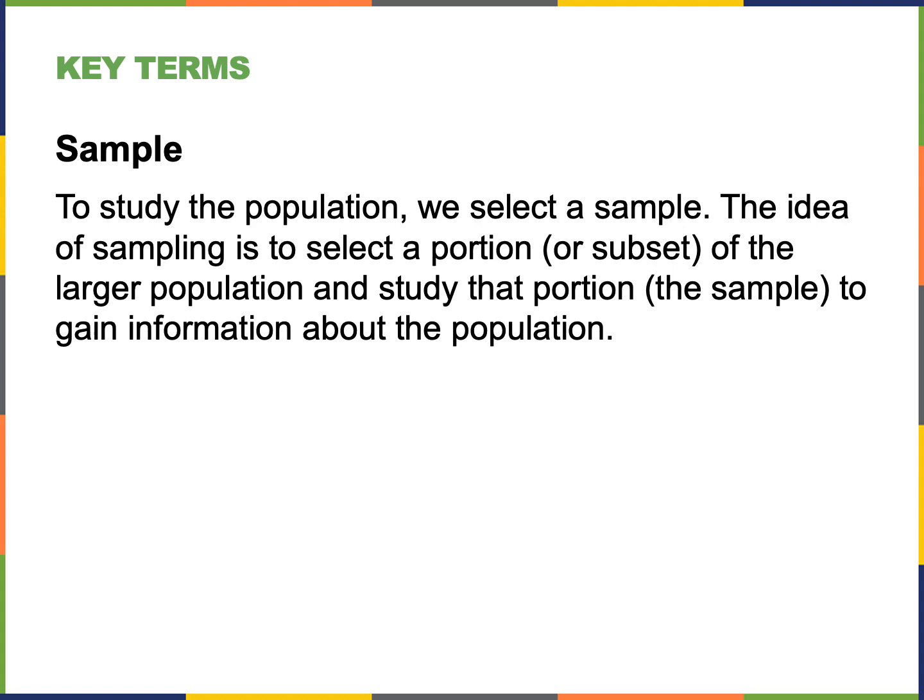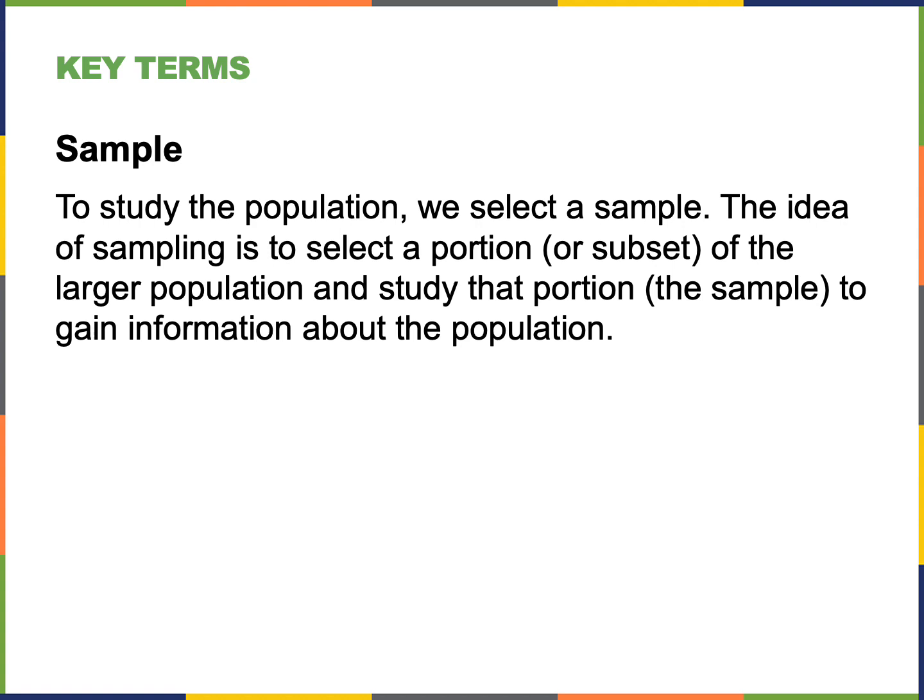Usually, most of the time, it's not realistic to study an entire population. Like if I said women in general, you're not going to go and talk to however many billion women are on the planet. That's ridiculous. We are not able to reach every single person in that population.